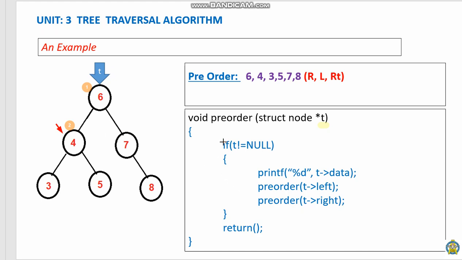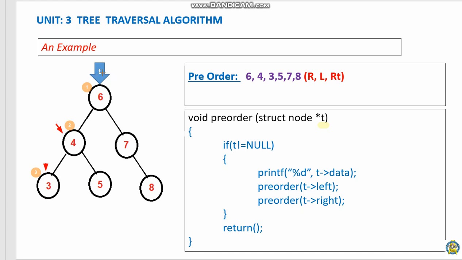Now second time it calls again, go to its left. This is second time, pre-order T left. So this is T. T left is this. So it comes here, and this is, let's say, the third time. So third time when it comes, T not equal to null, it prints T data, that is the value 3 gets printed.